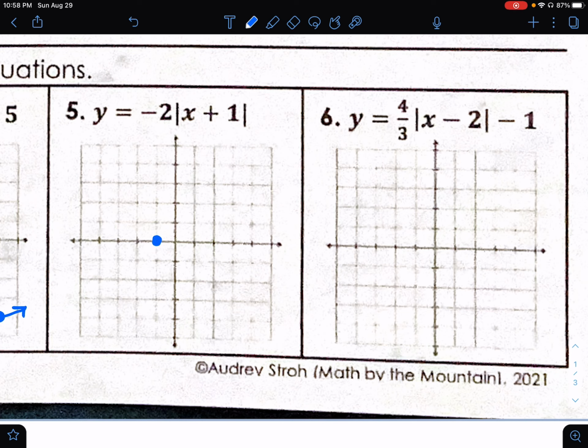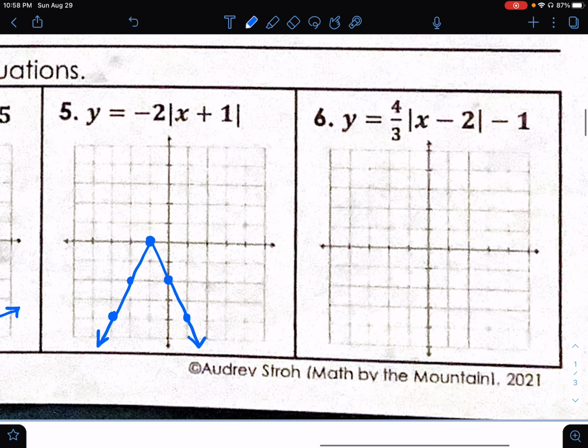So shifted to the left 1, and then we're going down 2 over 1. So that's what your graph should look like there.